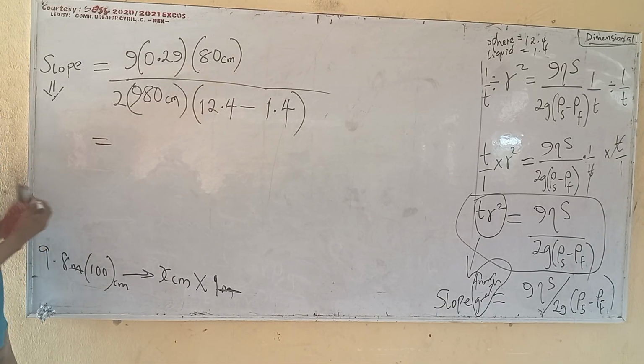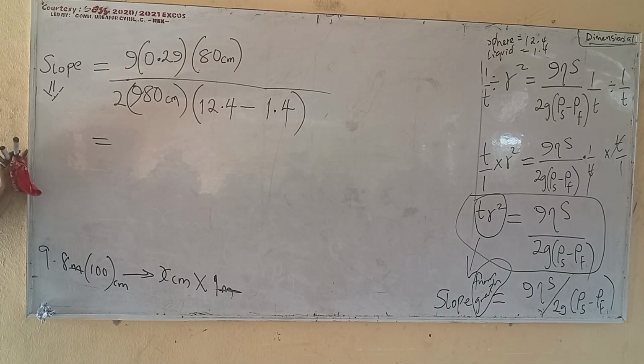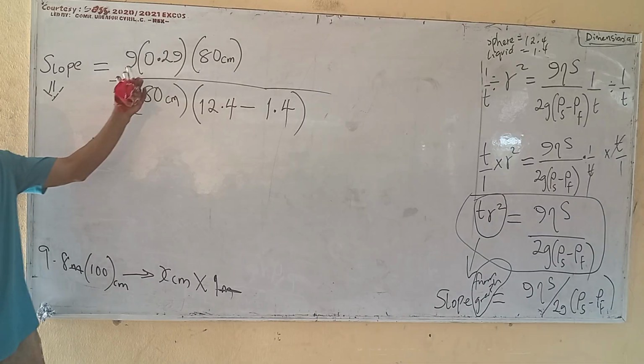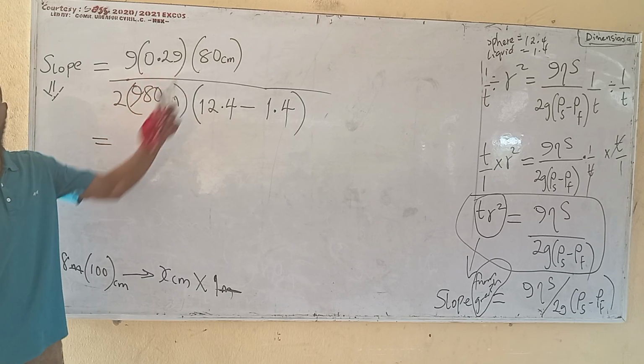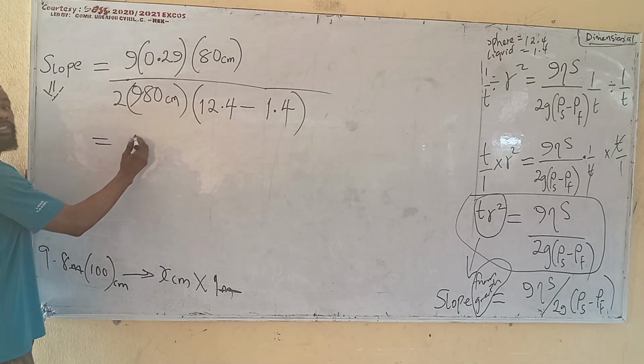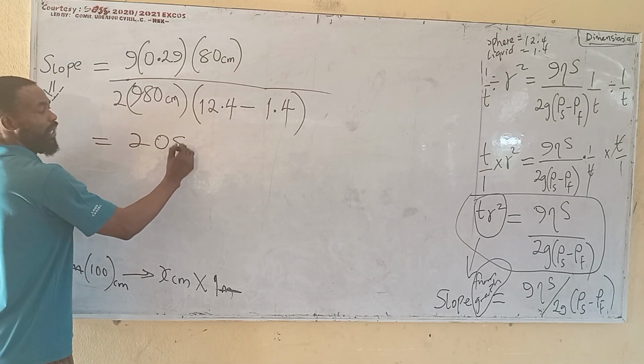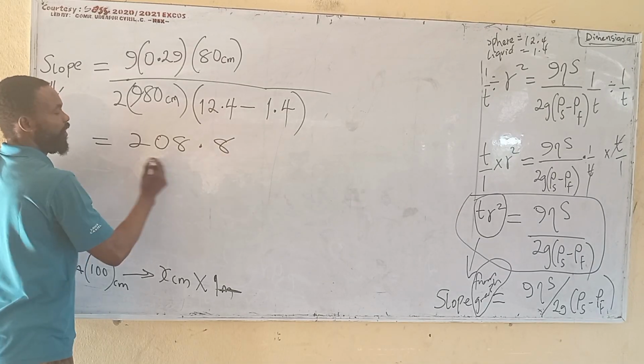Now, punch for me. And please remember that anything in our area squared that we are using is in centimeters too. Our area squared is in centimeters as well. Please punch for me: 9 times 0.2, 9 times 8, what is that? 208.8. Okay.